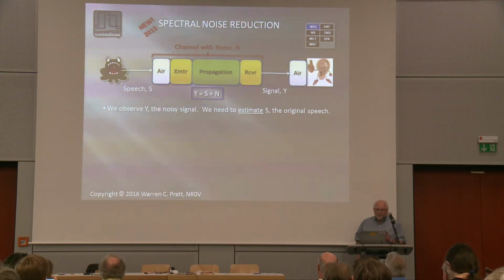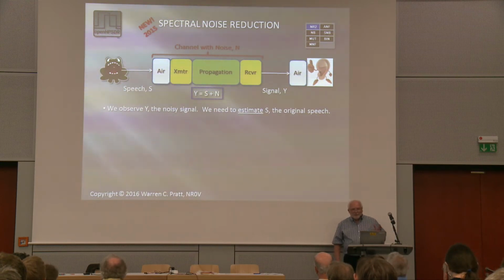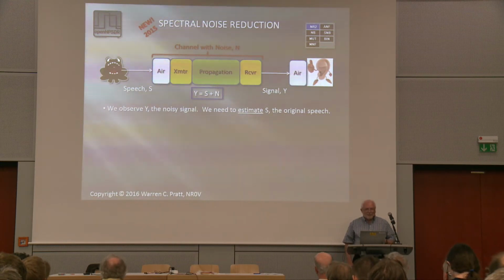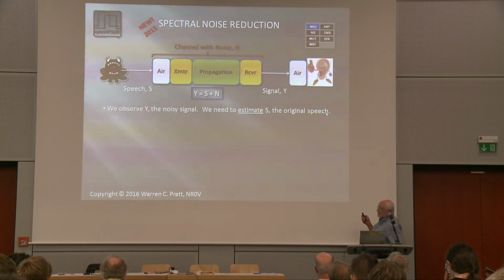On the left, you see the handsome speaker producing perfect speech, S, okay? That speech goes through the air, to the microphone, through the transmitter, is propagated through the atmosphere. It reaches the antenna, processed through the receiver. At that point, at the output of the receiver, we have an observed signal, Y. It goes through the air and over here to the happy listener, okay?